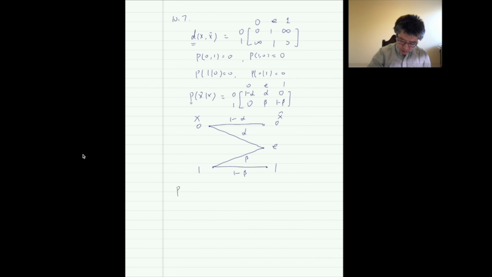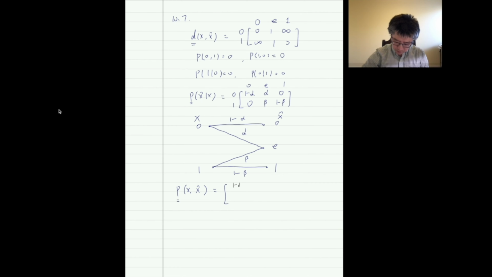And given this, what we can obtain here is the joint probability. Now we want to compute the rate distortion function. The key is to compute the entropy of x given x hat. In order to compute that term, we need the joint probability. It is nothing but this multiplied by the probability of x, which is half for both 0 and 1.